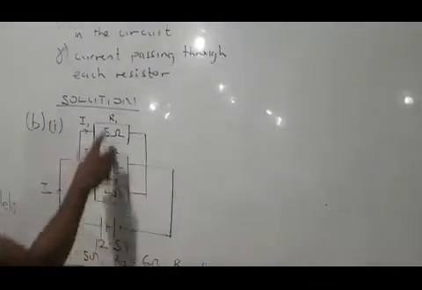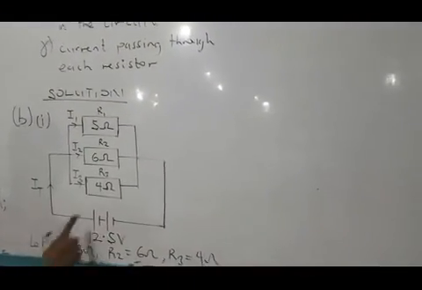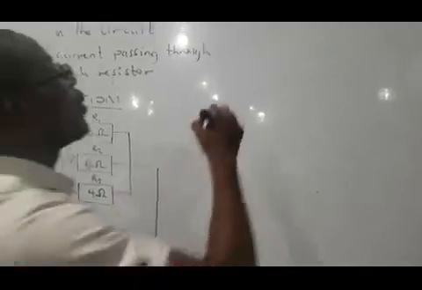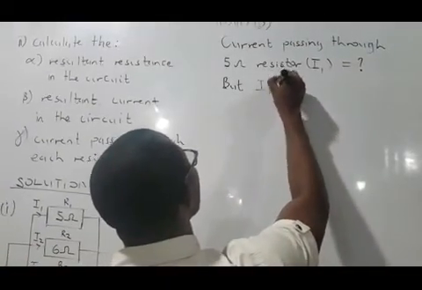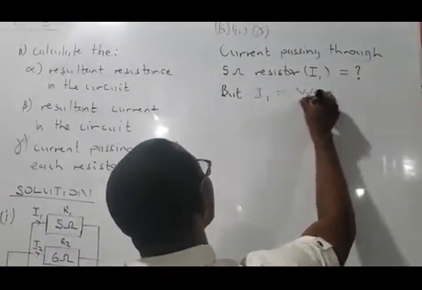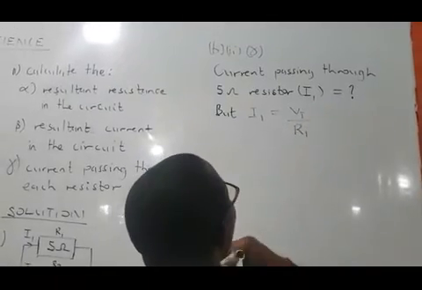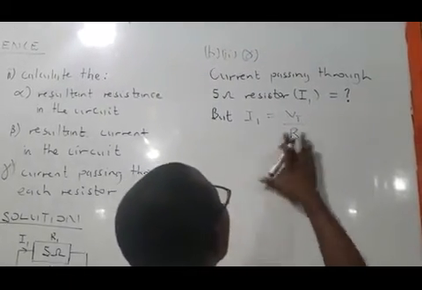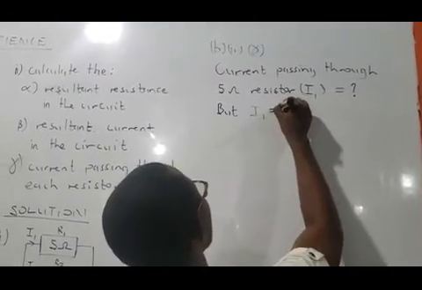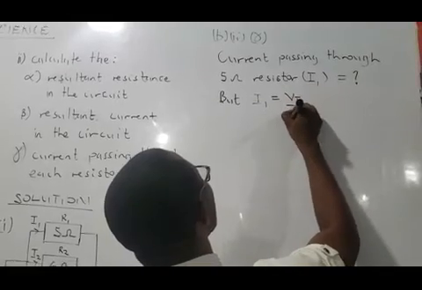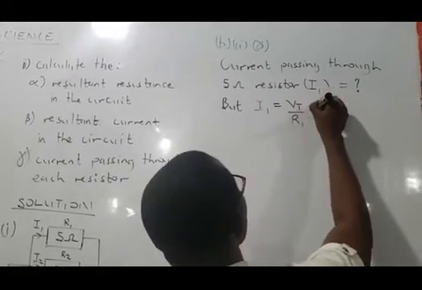And they are all in parallel, so the voltage here is equal to the total voltage. So your I1 will be equal to the total voltage VT over R1.